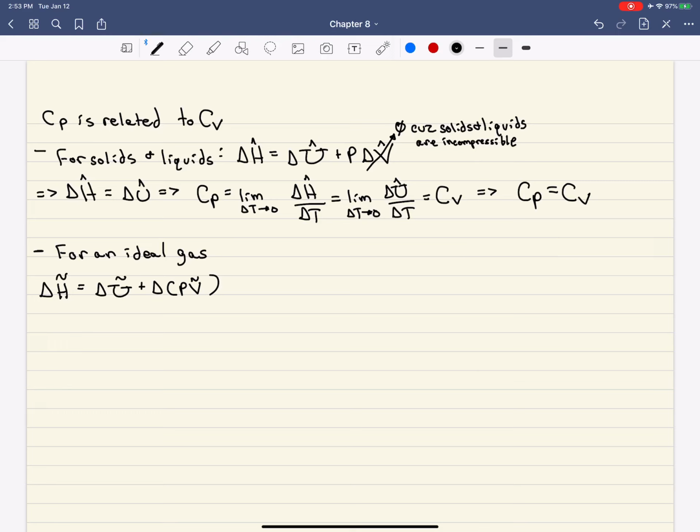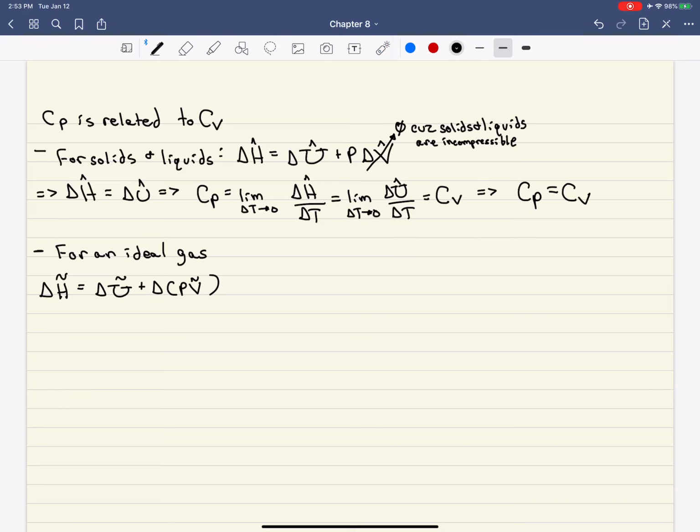And so I deliberately pulled the P into here, even though it's constant, I could still factor it out or distribute it out. So it's back in here. The reason I did that is because we're dealing with an ideal gas.